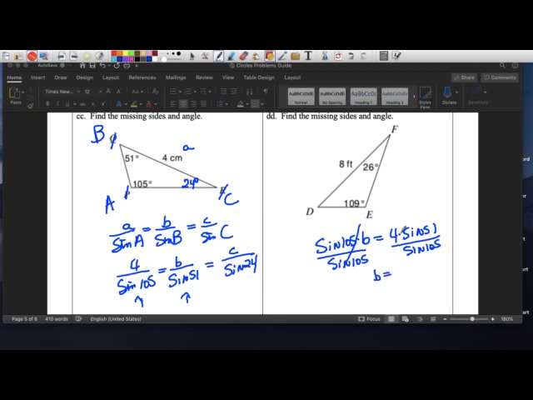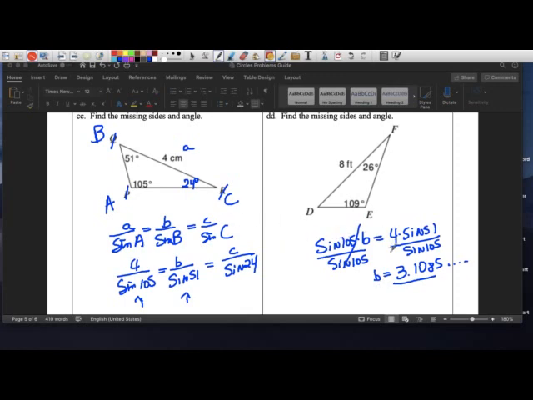So in your calculator, I have to do 4 times 51 sine equals, so my numerator becomes 3.1085, and I'm going to leave it like that. That's my numerator, so just so that you can double check. And then I'm going to divide that by sine of 105, right?